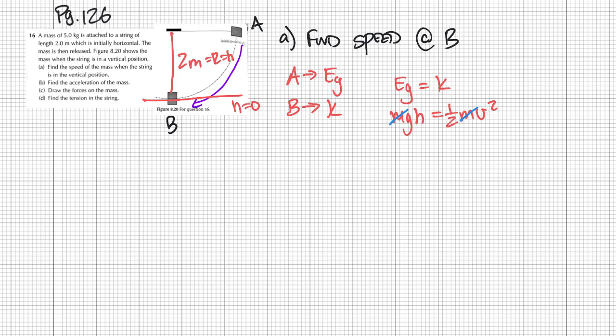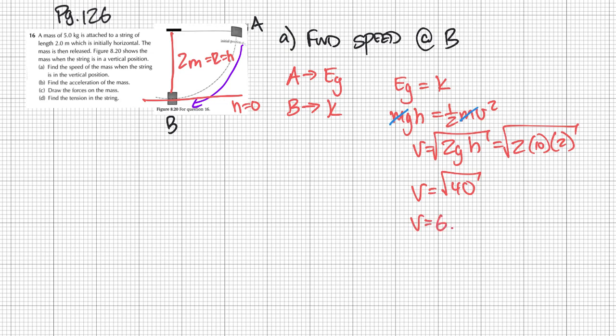And if I solve for V, that's simply going to be the square root of 2gh. So that's the square root of 2 times 10 times 2, so that's the square root of 40. Which means my velocity at the bottom is going to be about 6.3 meters per second.